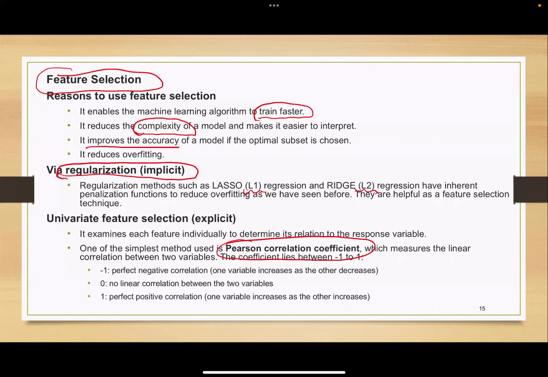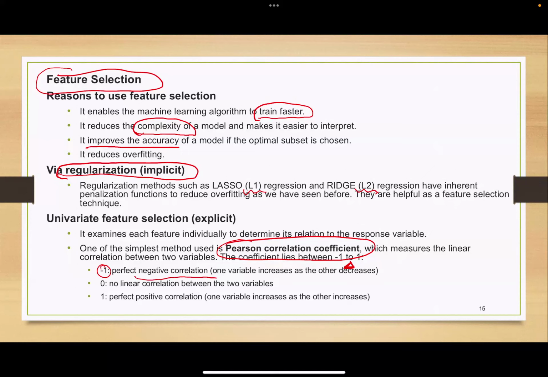This evaluates how similar the two features are, obviously, the correlation between the two features. Usually the coefficient will be a value between -1 and +1. If the coefficient is -1, it means a perfect negative correlation.